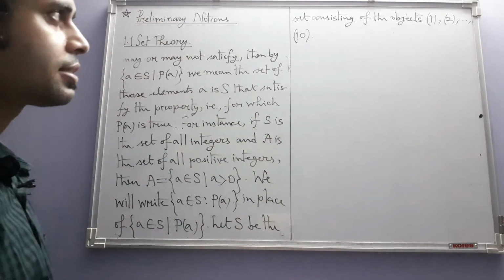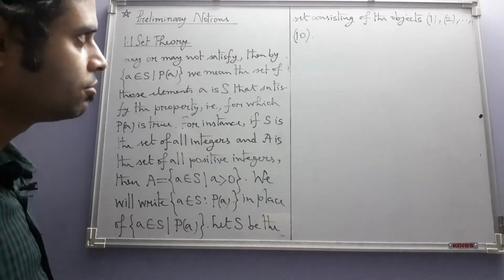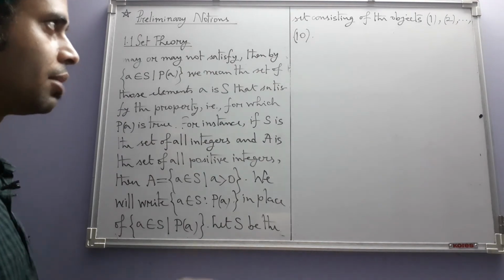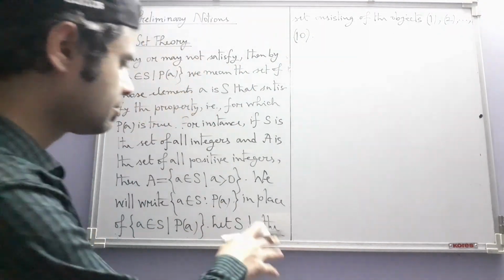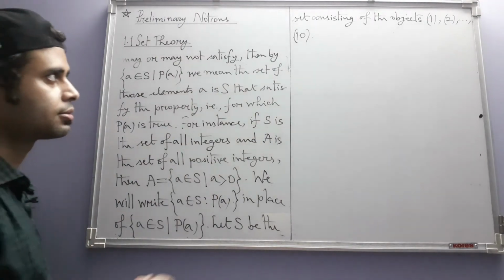Okay, so there are some 10 objects which have been numbered like this. There may be any objects, and S is the set consisting of these objects.